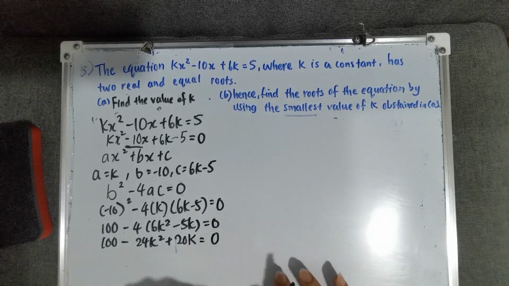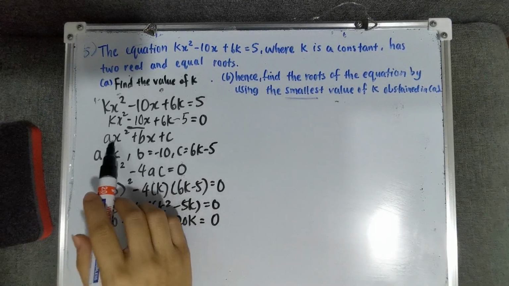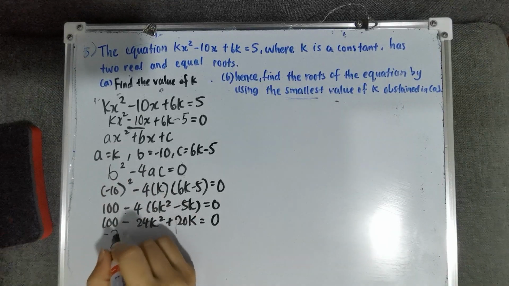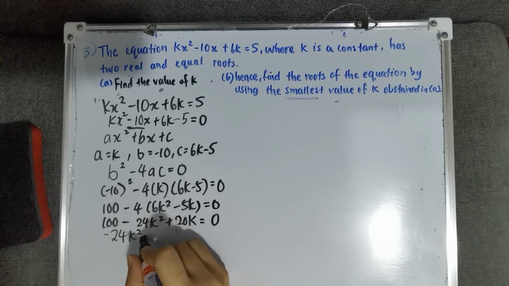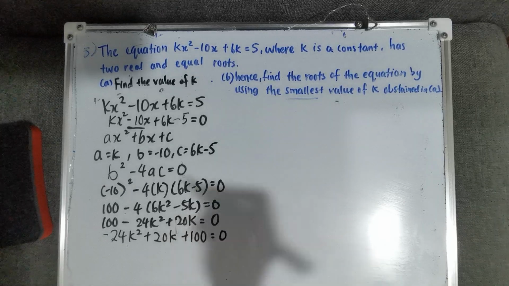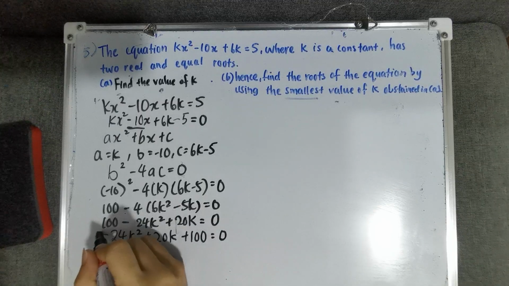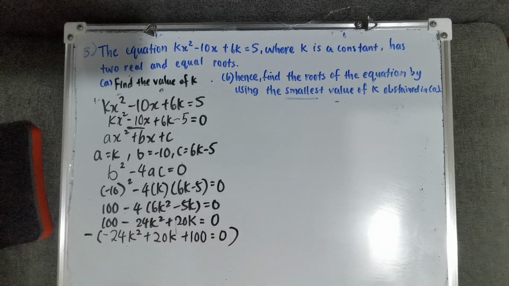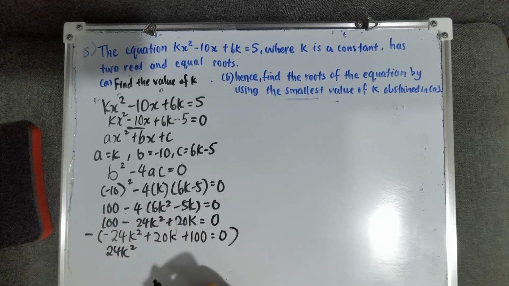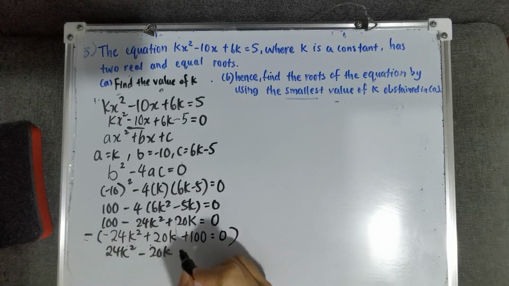Then you have to rearrange the whole equation. Because the equation starts with ax squared, you must make sure you put the squared term first. The second one will be 20k. Then the last will be 100. In this equation, we must make sure the first term is not negative, so we multiply by negative.